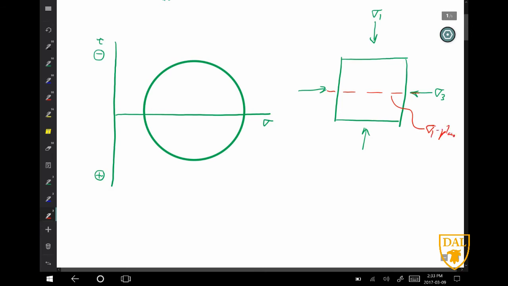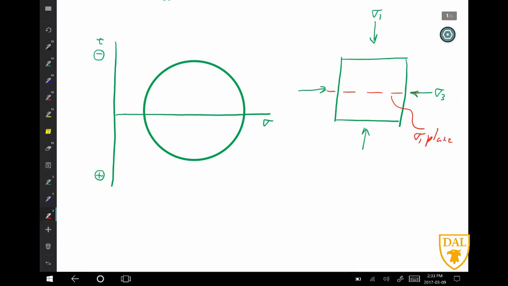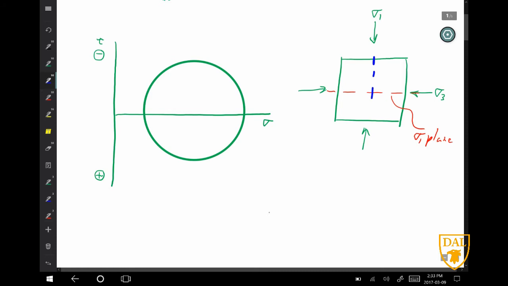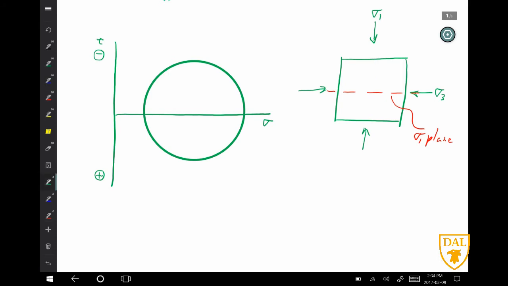So that is the plane on which sigma 1 acts. And of course, the sigma 3 plane is a vertical plane.